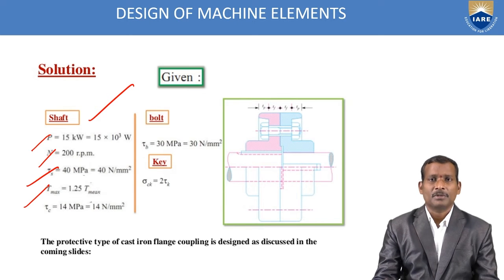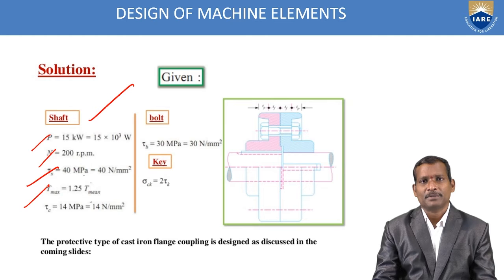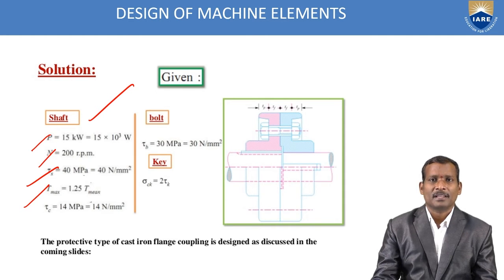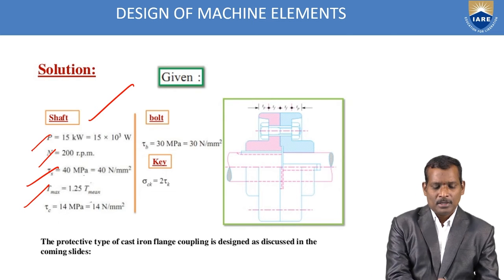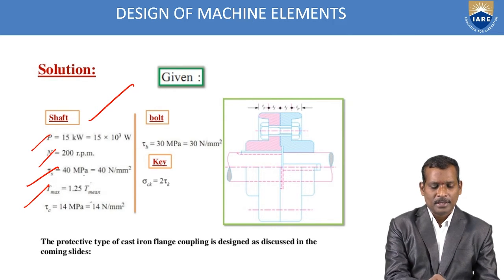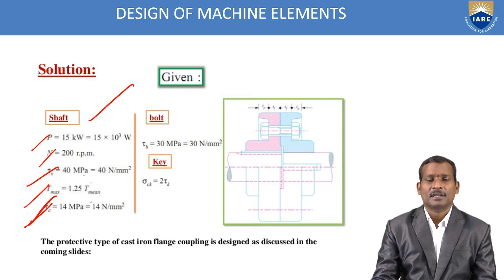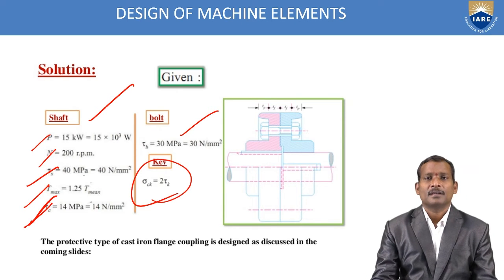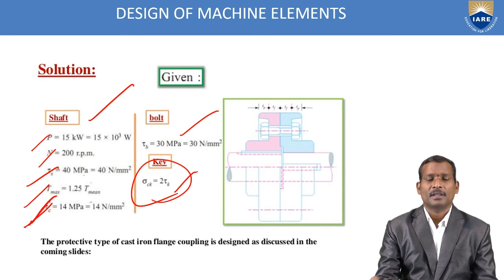T max is 1.25 times T mean, 25% greater than the mean torque. For the bolt material, the given shear stress is 30 megapascal, and the crushing stress for the key material is 2 times its shear stress.